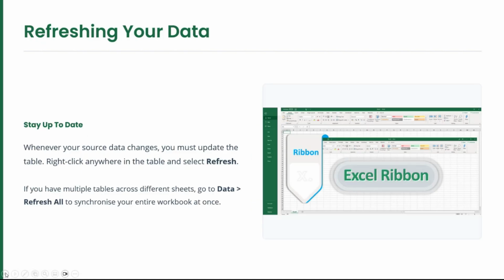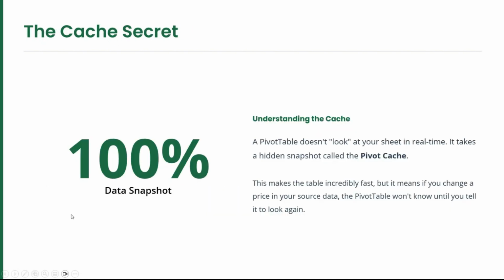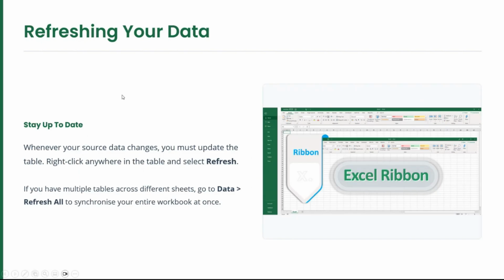So that's the cache secret within the pivot table. And then refreshing your data, so you stay up to date. Whenever your source data changes, you must update the table. You need to right click anywhere within the pivot table and select refresh.